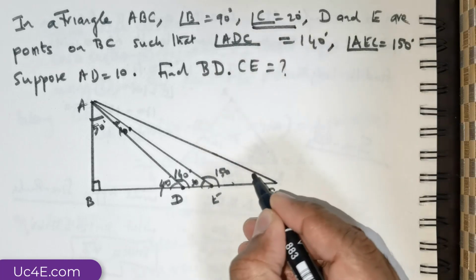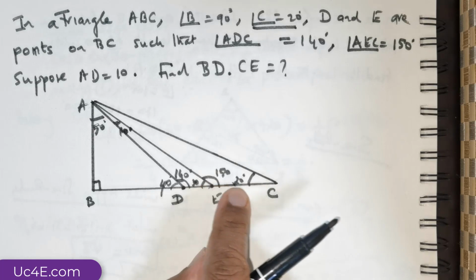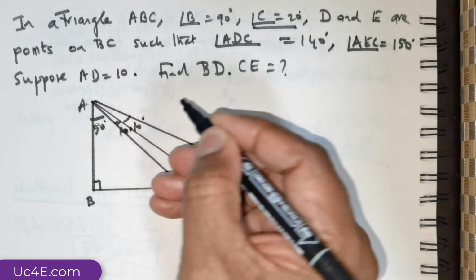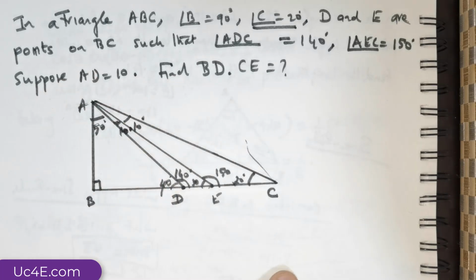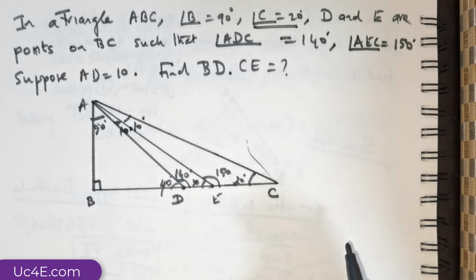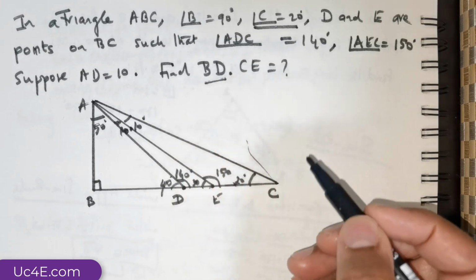Angle C is 20, so that is already given there. So 150 plus 20, 170, so this is also going to be 10 degrees. So we have got the complete angle information for this entire figure, and that would be sufficient enough for us to answer this question. So we need BD.